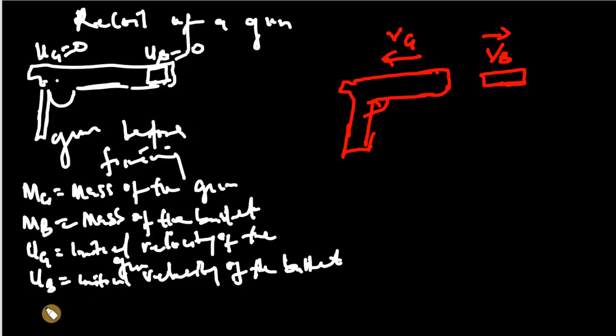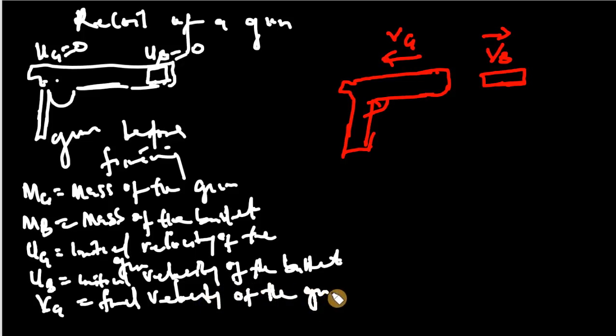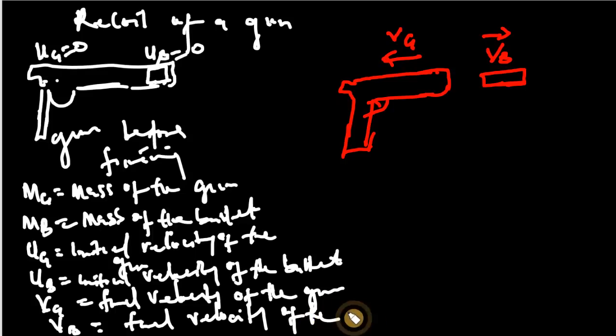Then we have vg as the final velocity of the gun, and vb as the final velocity of the bullet.